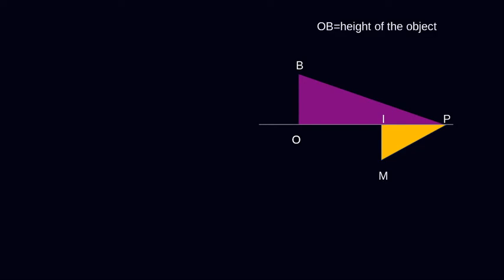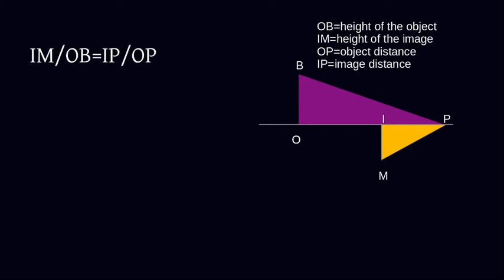OB is the height of the object, and what is IM? IM is the height of the image. And then what is OP? OP is the object distance, and IP is the image distance. So we can find the relation. See, according to the similarity of these triangles, IM by OB is equal to IP by OP.